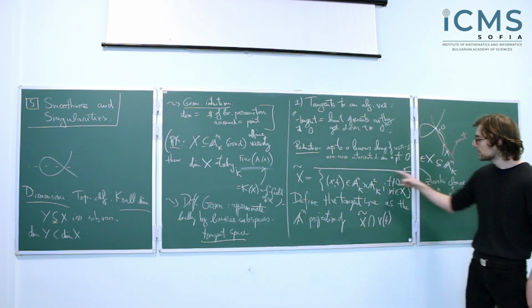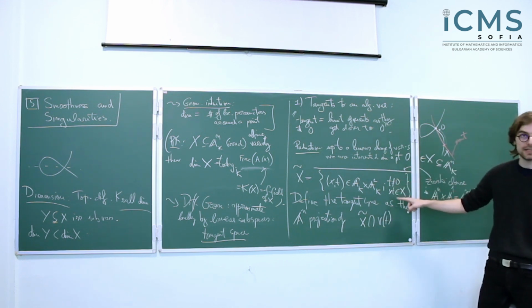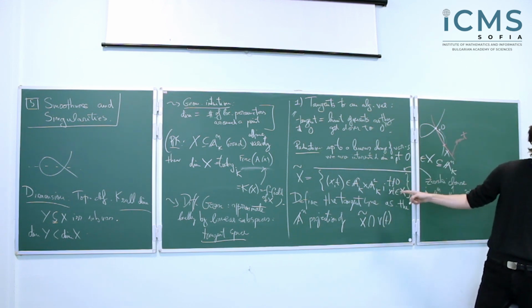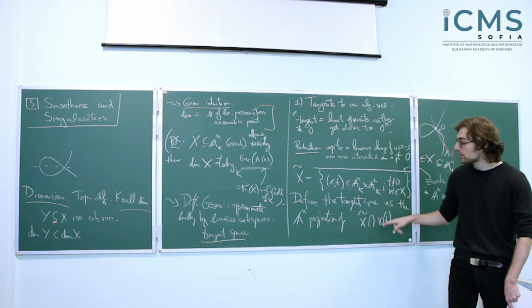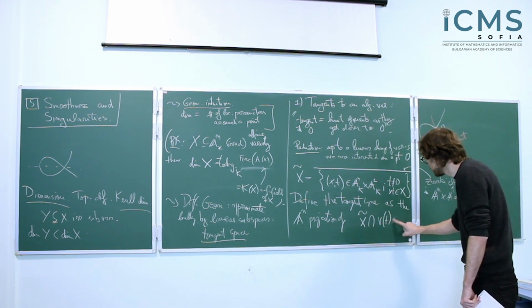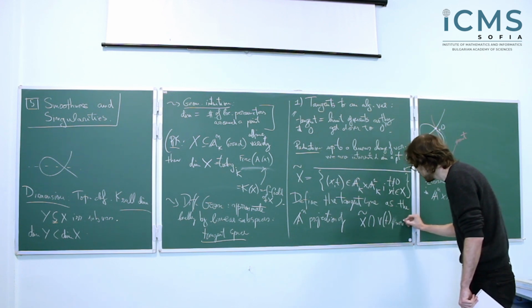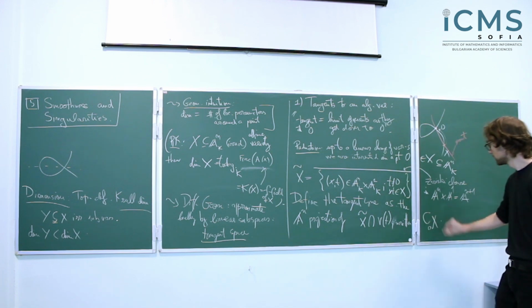So you take this closure, and this would add points in the t equals 0 section, right? These are the extra points that I am interested in, and this will define the tangent cone, written C_0(X).